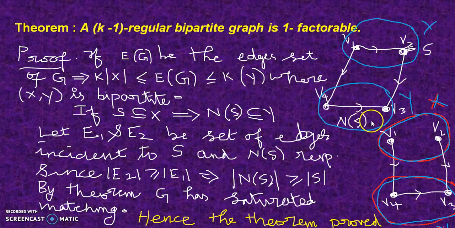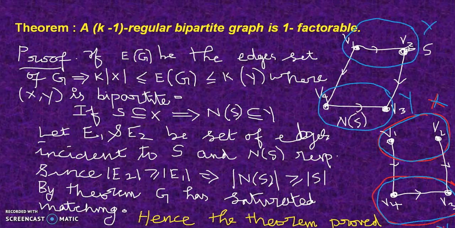Look at this picture there. X, Y are the two bipartition sets, V1, V2 are the S, and Y is N of S here, okay, the neighborhood of S vertices. Now I repeat, I replace one edge here, it becomes a k minus 1 regular bipartite graph. Now look at the picture down.